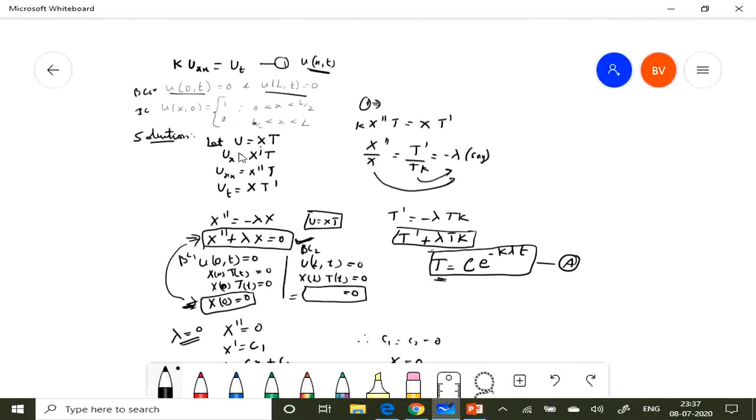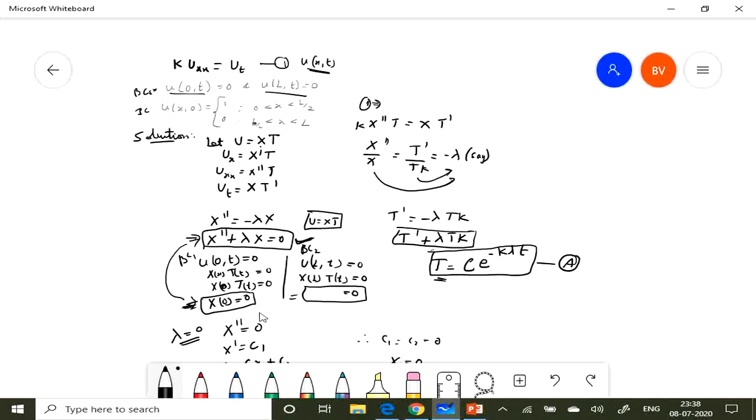We first assume u is equal to x times t, and then using the variable separable method we are substituting the derivatives in this equation number 1, and then comparing the first and third term, then second and third term to get the differential equations. The first differential equation in x looks like a Sturm-Liouville problem along with the boundary conditions.